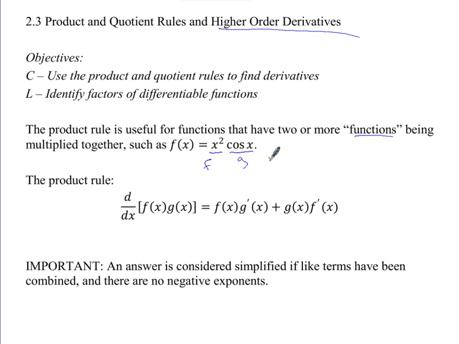The product rule is simply this. Very simple. If you look at this, read it for what it says. All it says is the derivative of my function, which I'm defining as two different functions being multiplied together, is equal to the original f times the derivative of g plus the original g times the derivative of f.